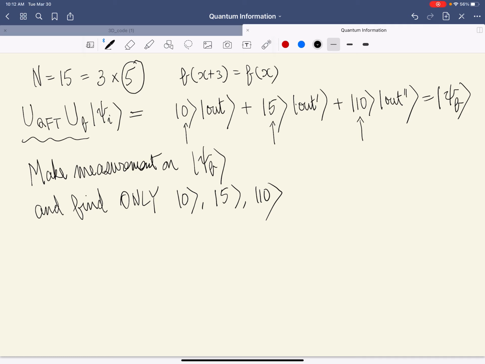So from the outcome of the measurement, we know that there's this number that stands out, and that number is obviously 5. And 15 divided by 5 is 3. So this is the period. So this is the mafia that has been hiding in the bush, and we have nailed him. Good. So this is what period finding is all about.